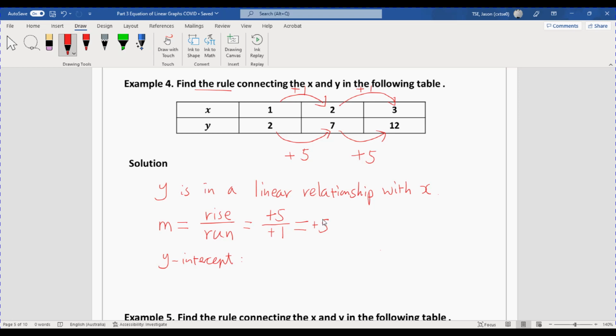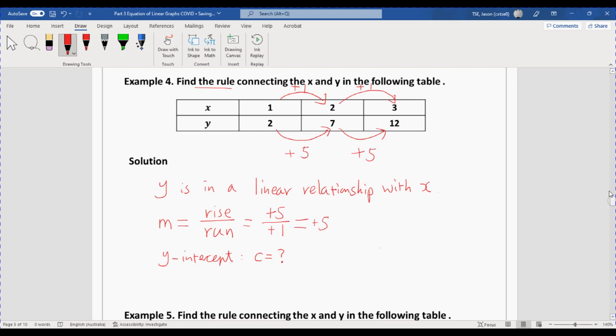What do you think? No, there's no such point. Okay, so you can say we don't know y-intercept, unlike the previous case.